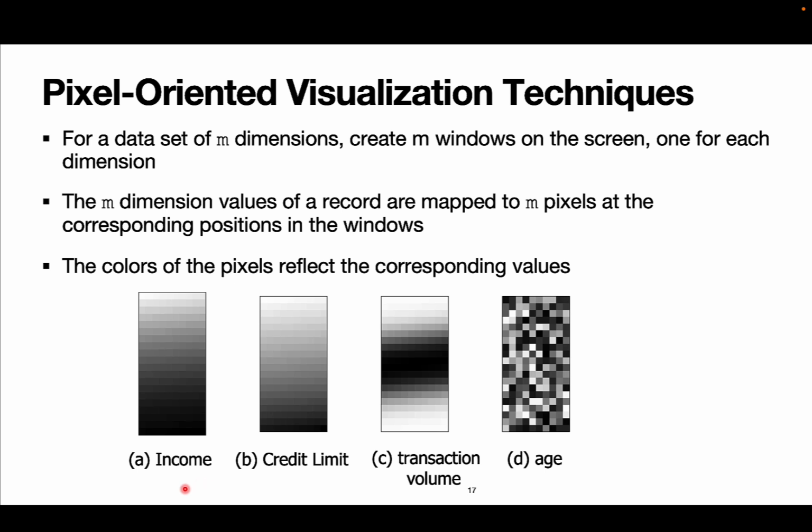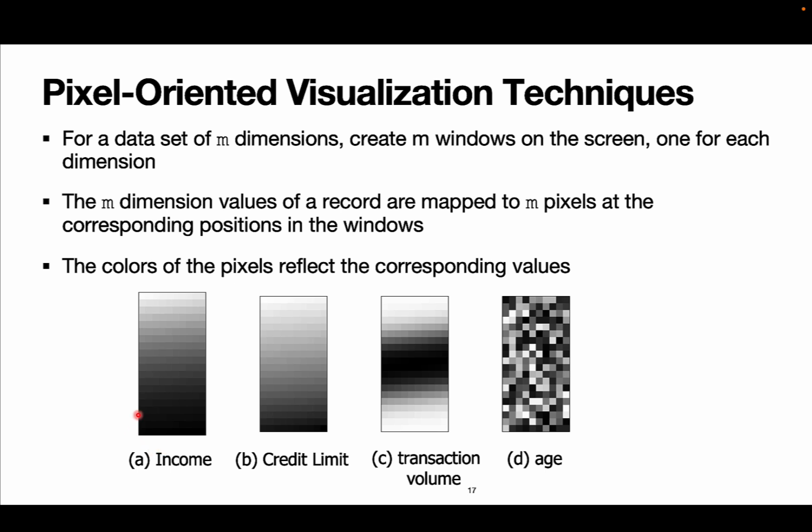For example, we may sort individuals by their income and assign darker colors to those with high incomes and white to the lowest. Now when we move to the second dimension, we start to see correlation.